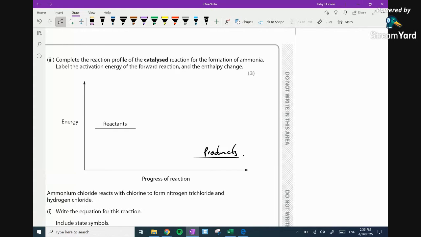Oh, it's really interesting. With a catalyst, there's no comparison. They want a shelf with a catalyst. Yeah, and they're showing this there is the intermediates. Intermediates. That's very interesting. Catalyzed route. Activation energy is that bit there. That's the activation energy. There's actually 2 activation energies, but only one of them matters because one's bigger than the other.